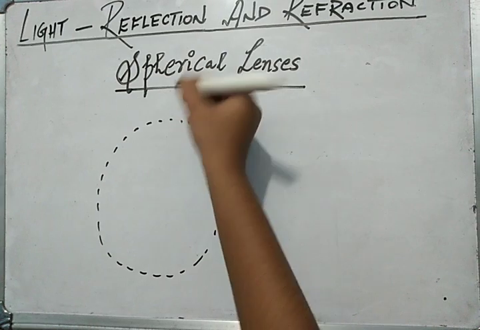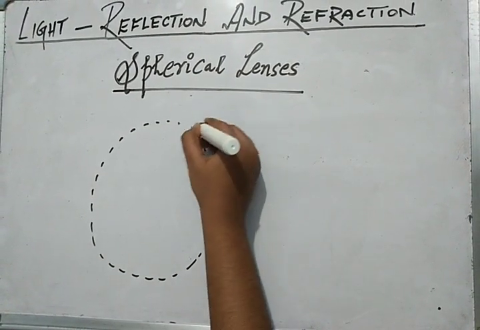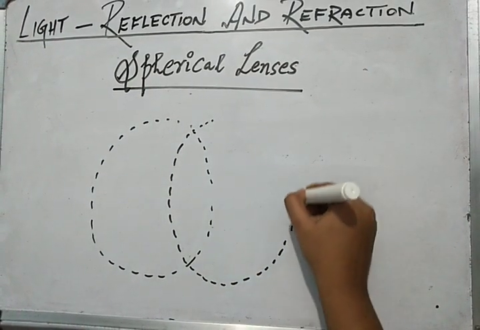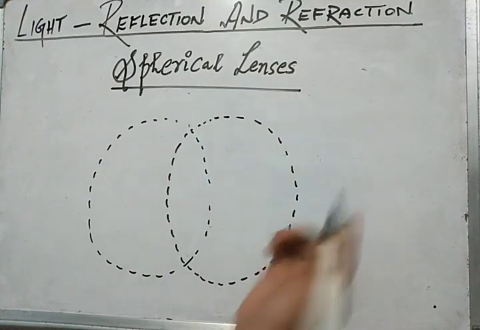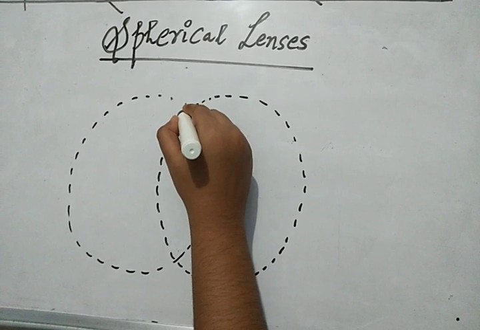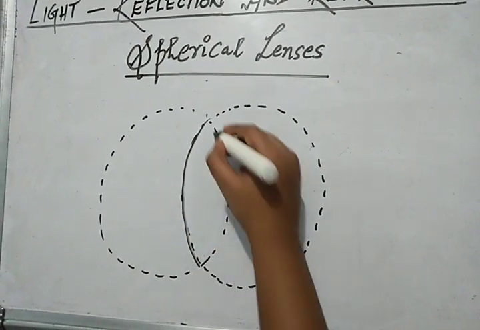This is my first sphere. Then I take my second sphere like this. Both are spheres. Now I take only this portion.